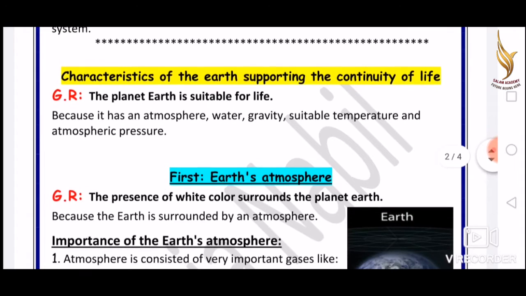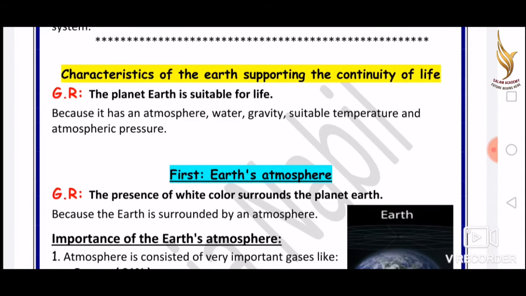After that, we talk about the characteristics of the Earth supporting the continuity of life. We will talk about characteristics that support the continuity of life on planet Earth. Why can we live on planet Earth? Why is planet Earth suitable for life? Earth has many characteristics or properties that make it suitable for life.